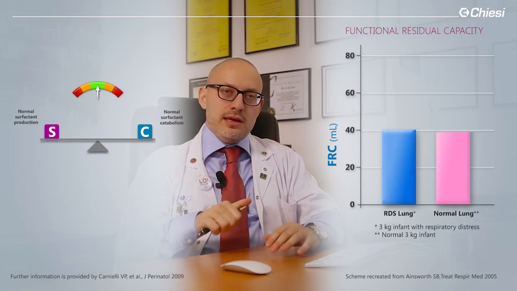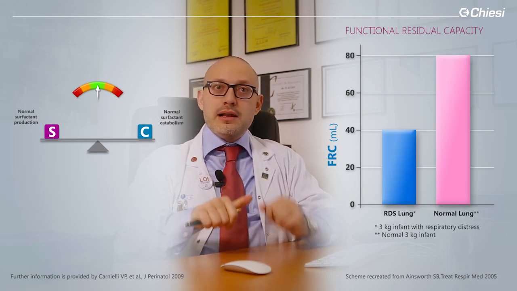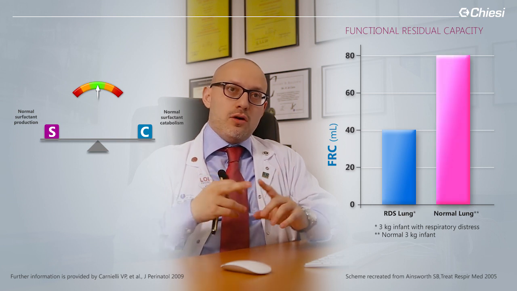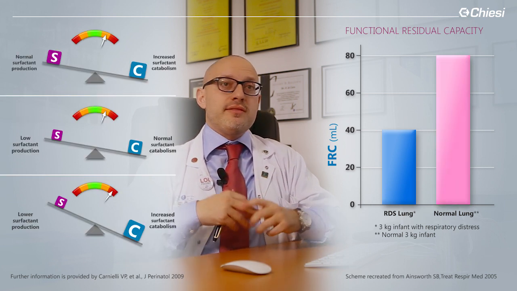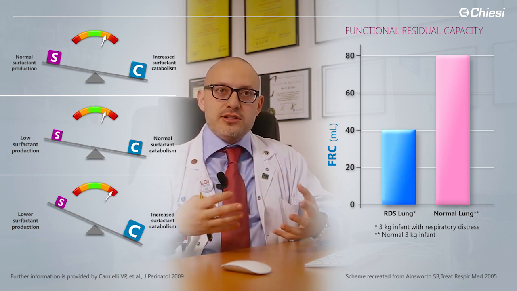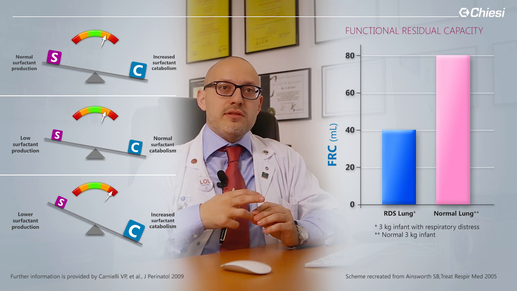So you can understand, if you think at a more lung level, that you may have two situations. Either the balance, so a normal lung with a pretty high functional residual capacity, or a situation, unfortunately, with some sort of the three surfactant injury conditions when you have a low functional residual capacity.